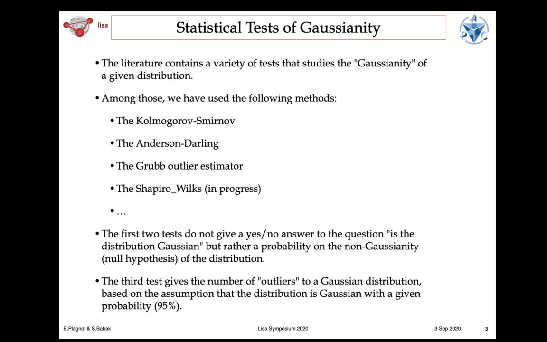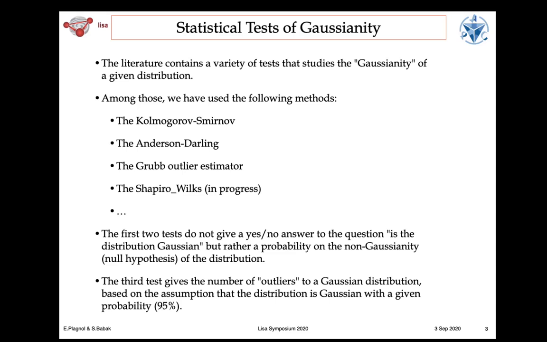Now, the literature contains a variety of tests that study the Gaussianity of a given distribution. Among those, we have used the following: the Kolmogorov test, the Anderson test, the Grubbs outlier estimator, and we're in the process of looking at the Shapiro test.